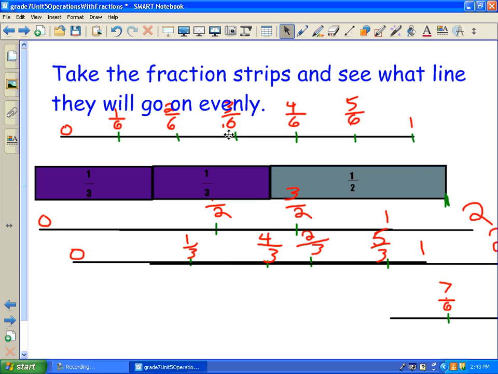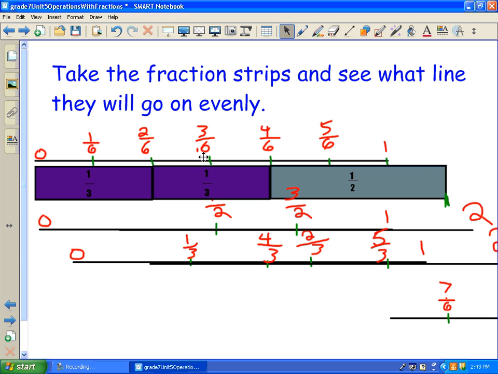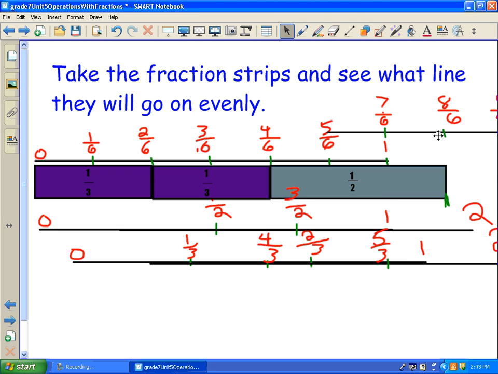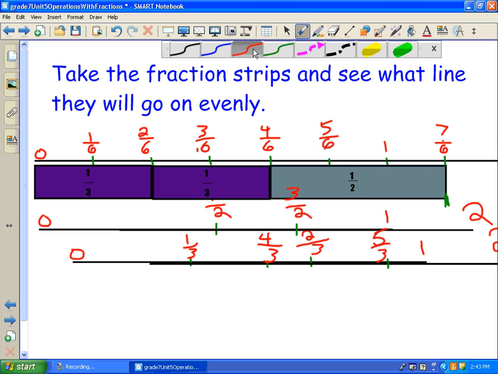Let's try sixths. So I put my strip right on the sixths. And then I'll notice that I'm going to need more than 1 whole. So now I have 7/6, 8/6, 9/6. I just make sure my number line's big enough. And lo and behold, when I put it there, you notice here, this is 6/6, or exactly 1 whole.